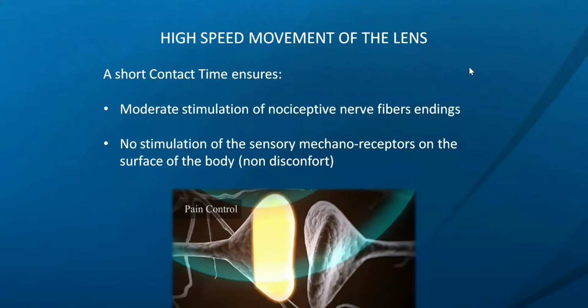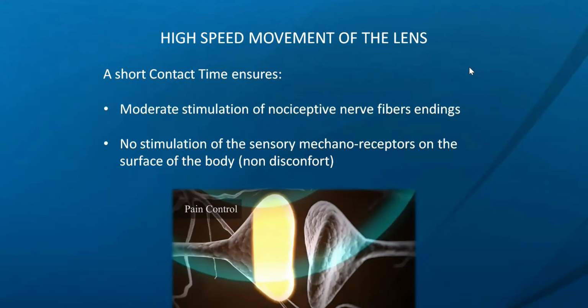So it's a mechanical impulse, a mechanical contact of the lens with the body, but it's very, very short. And on the other part, we have no stimulation of the normal sensory mechanoreceptors on the surface of the body.